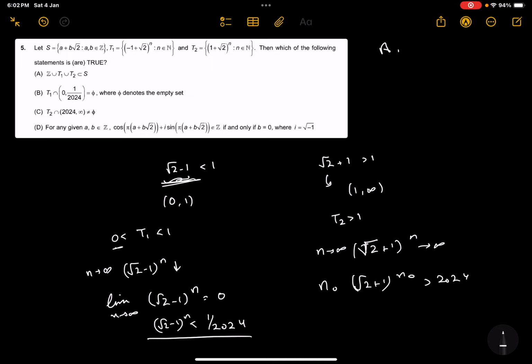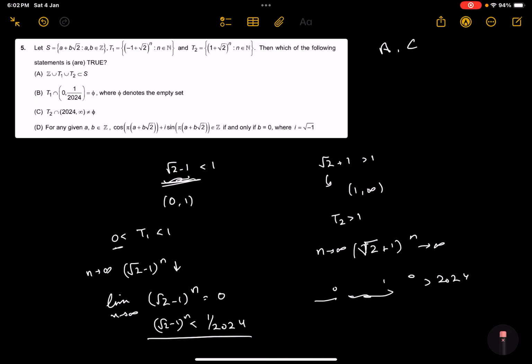So option C is correct. So we will have some possible value of n naught for which this thing would be in T2 and this thing would be greater than 2024. So there would be an element in the intersection of T2 and all the natural numbers greater than 2024.